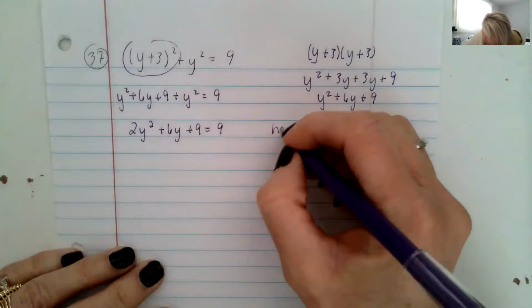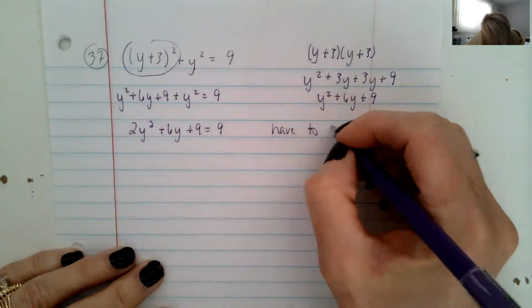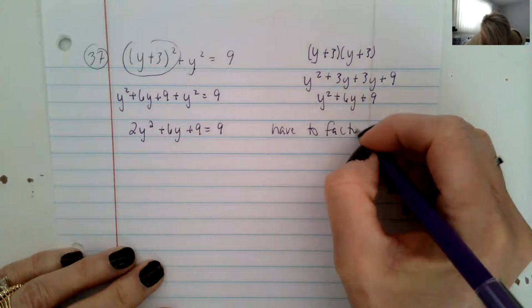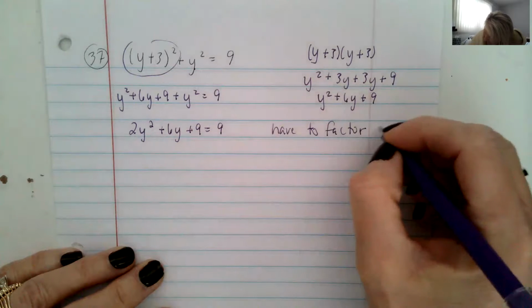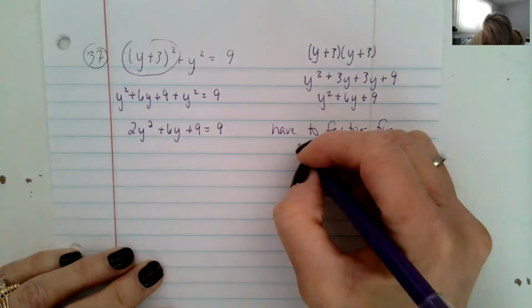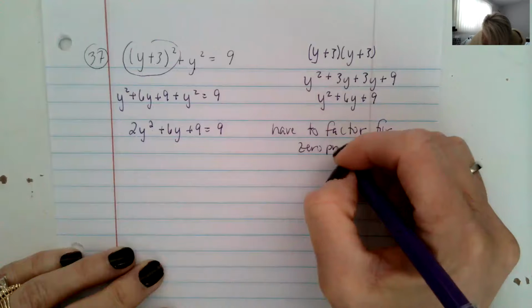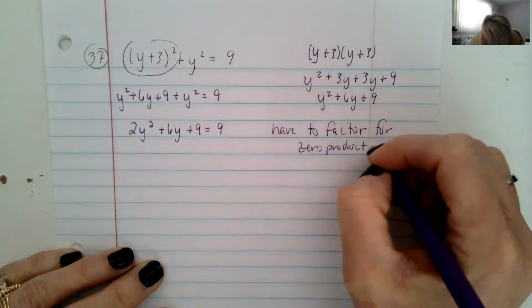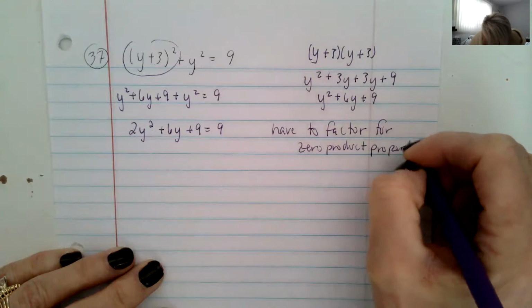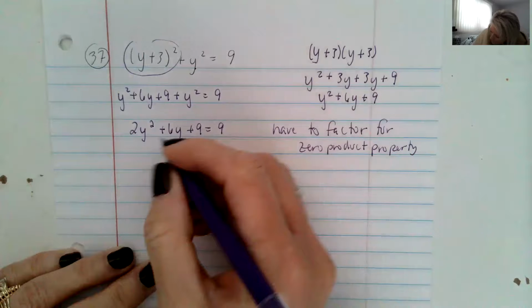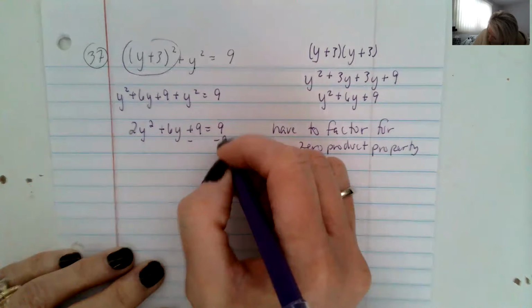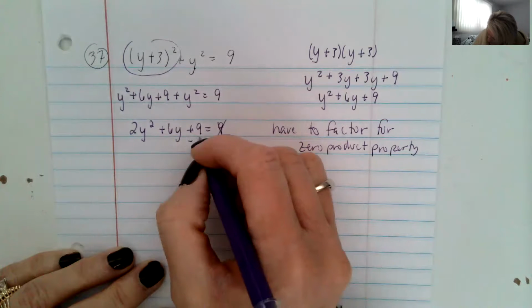So I have to factor. That's my main strategy here for the zero product property. Okay, so I'm going to subtract 9 from both sides to get that to 0.